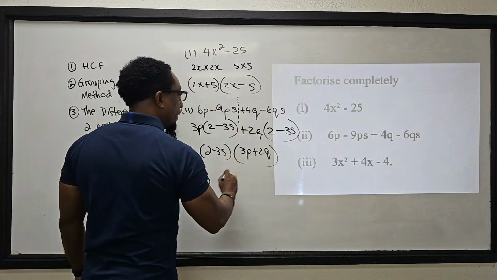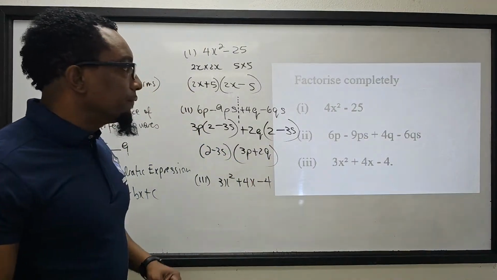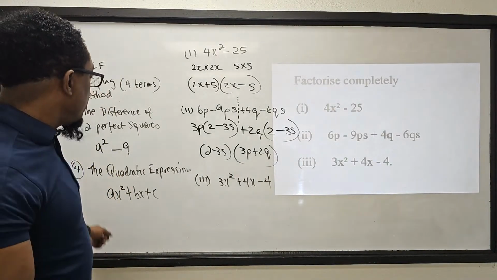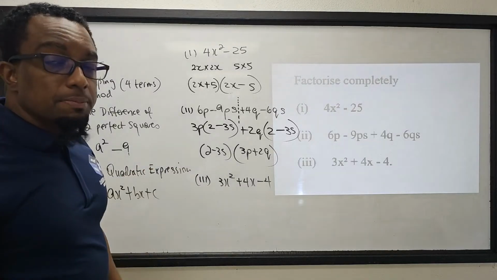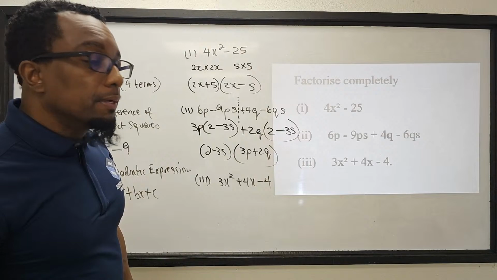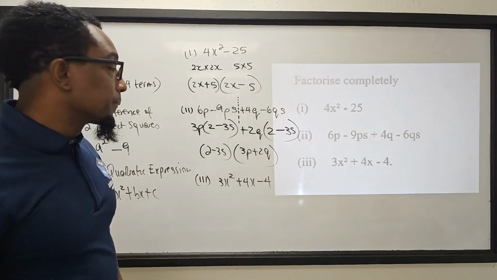We have 3x squared plus 4x subtract 4. So for me to factorize that expression, the method I'm going to use is the method of the quadratic expression. Let's make sure we can recognize what method is applicable to the given expression.